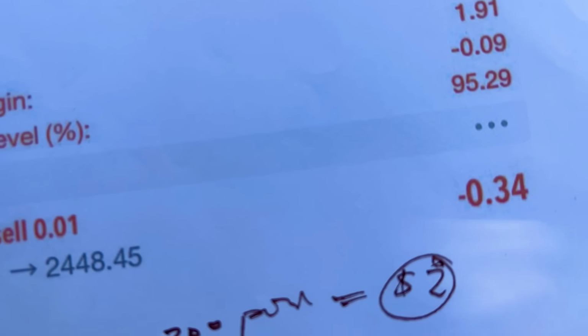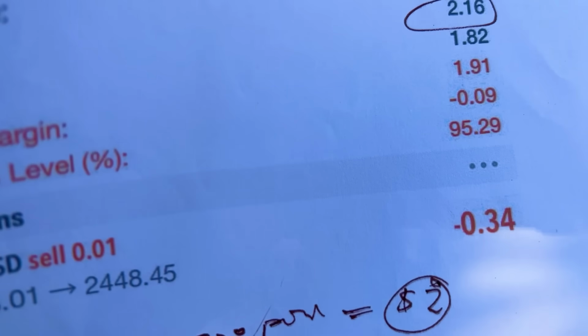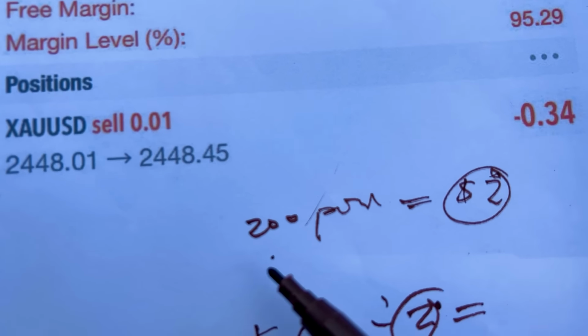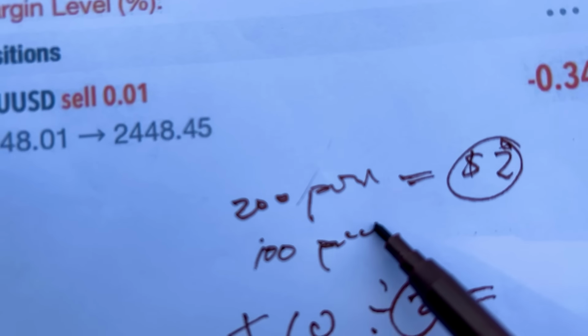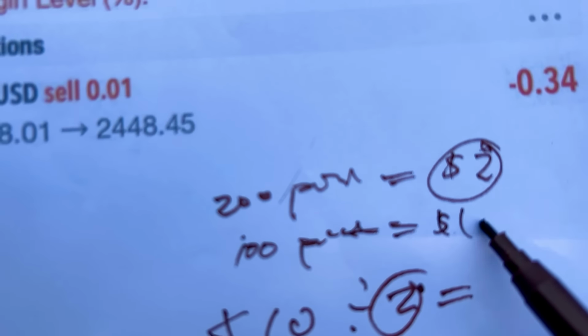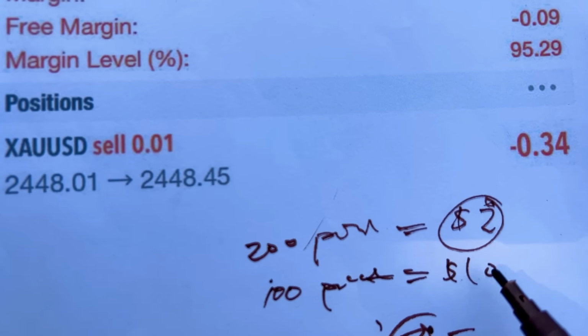100 points, which is here. 100 points is equal to $1.